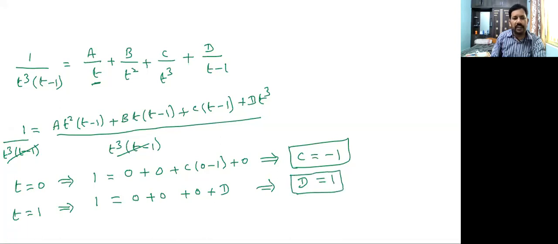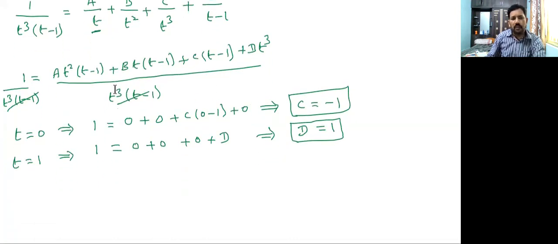Now we need to find A and B. The substitution method is not possible, so go to comparing the coefficients. We compare the t^3 coefficients, since we need A and B, and the t coefficients.